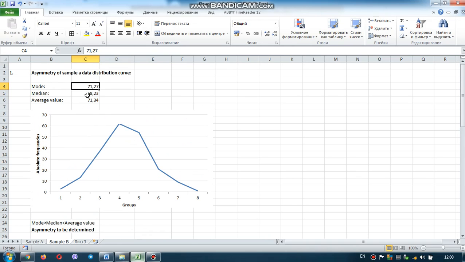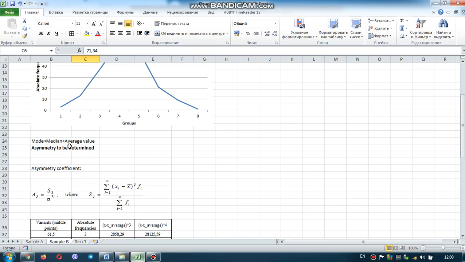So we have determined these values, and we can see that the mode is greater than the median, but the median is less than the average value. It means that asymmetry should be determined more correctly.